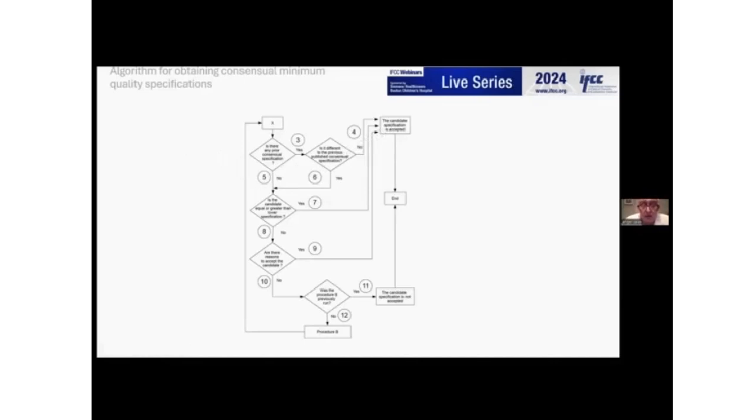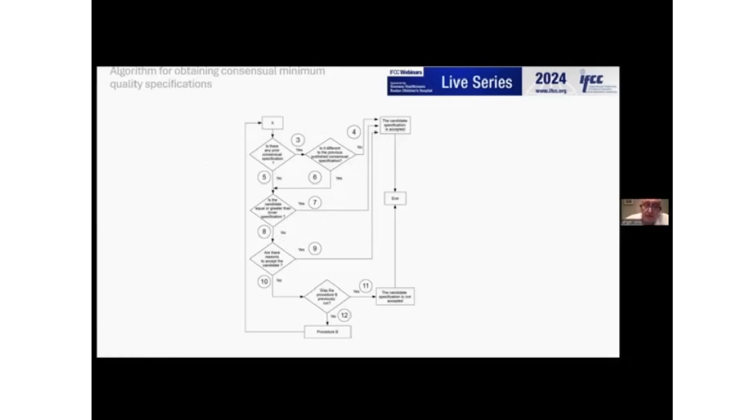If there are no reasons, then we go to procedure B. Returning to the previous slide, we follow this path. Procedure B. Are there reasons to accept this candidate specification? If there aren't, the specification is discarded, and we finish here. If there are reasons, well, then let me explain what procedure B involves.